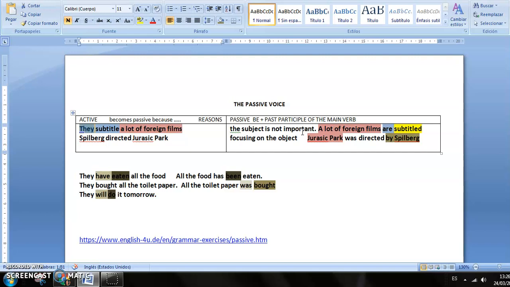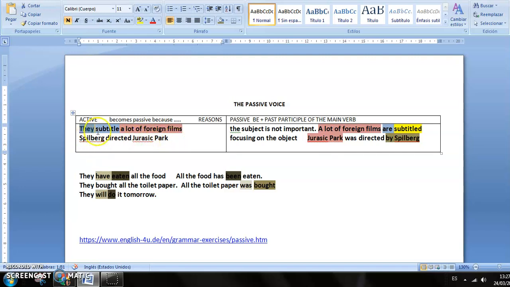Another reason why we would choose a passive voice is because we want to place the object first in the sentence in order to give it more importance. In this case, the object becomes the subject. That way, okay, it has more importance. We can choose to say "Spielberg directed Jurassic Park," which is the normal way to say things.